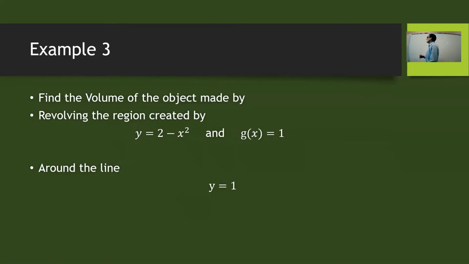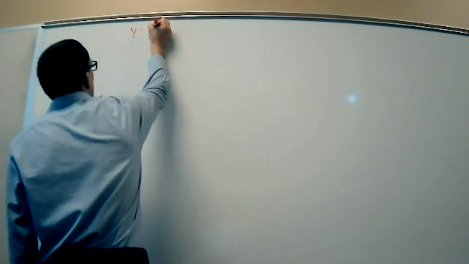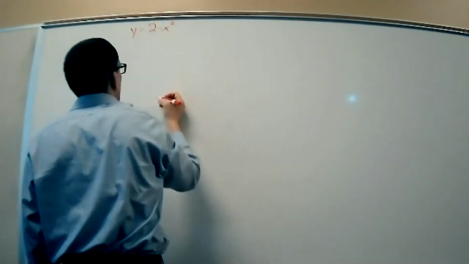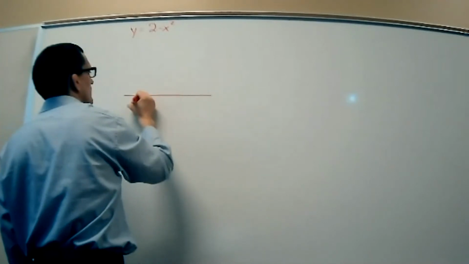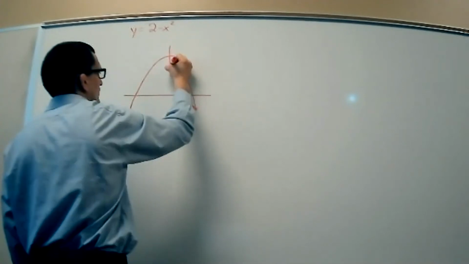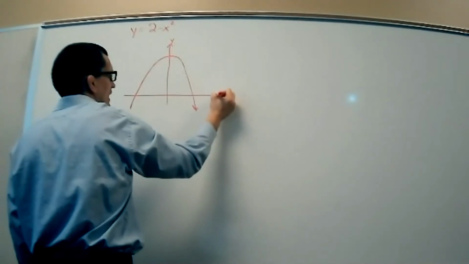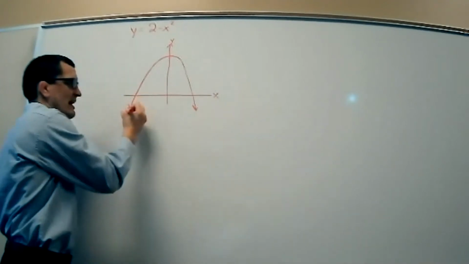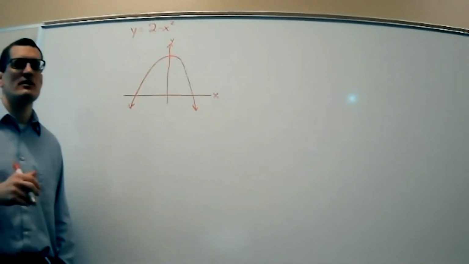So if you start to draw this, y equals 2 minus x squared, that's a parabola pointed down. Let's pretend this is the y-axis, this is the x-axis. So it's a parabola pointed down. Okay? Very similar to our last problem.